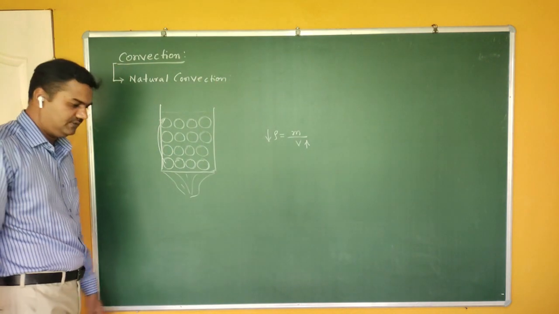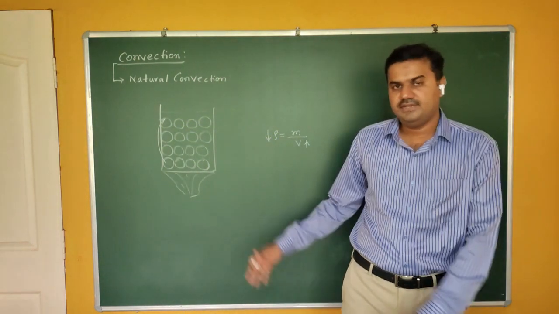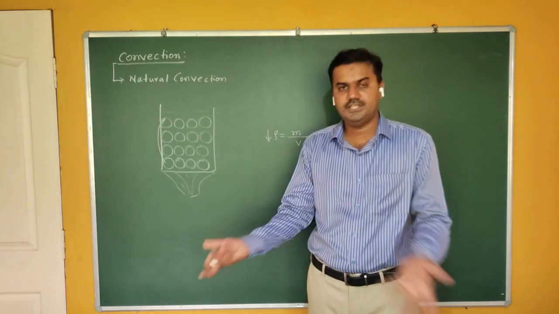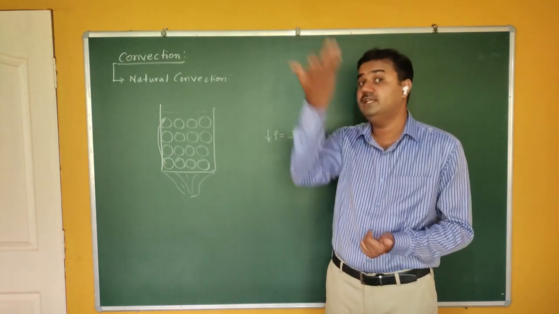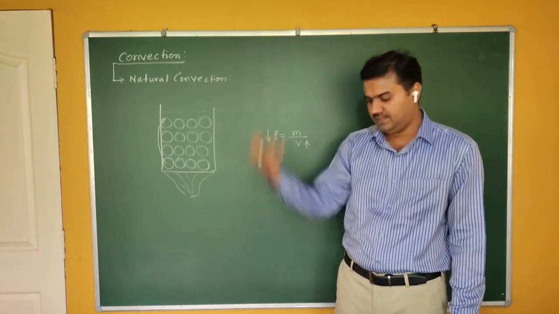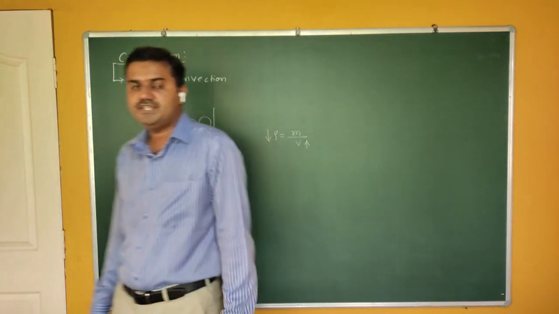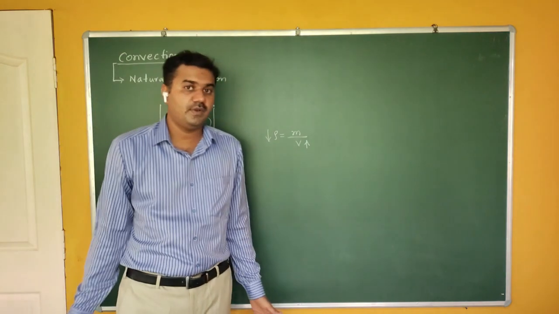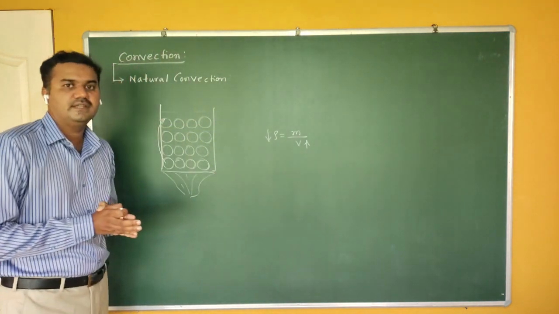You can see that this takes place naturally. Gravity and density affect it: the water gets heated, density decreases, so it goes to the upper side, and the denser water comes to the lower side. No external agent or external force is required, therefore it is a natural phenomenon, and we call it natural convection.